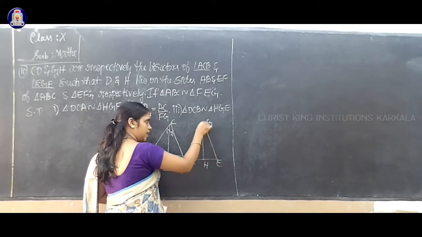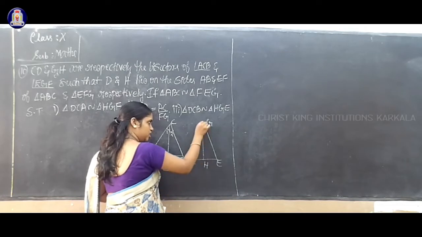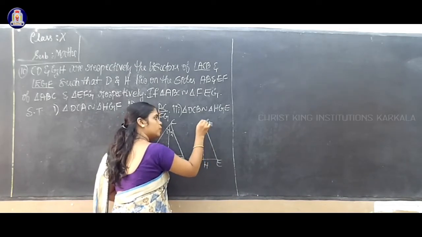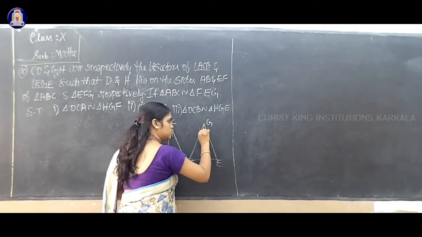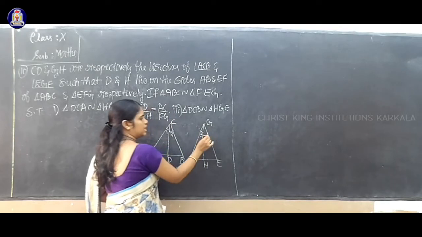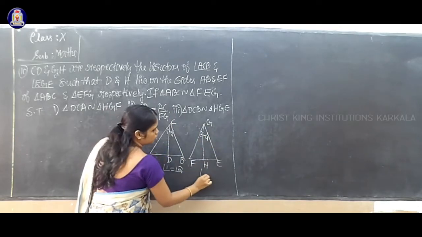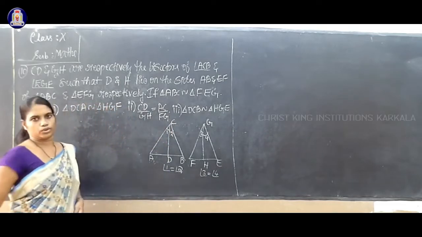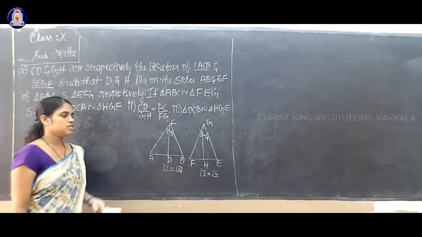Here again the line GH will divide this angle G into two equal parts. This is one part, I will represent it by 3, and this is another part, I will represent it by 4. So angle 3 equals angle 4. Understood now? Yes, this is about the diagram.